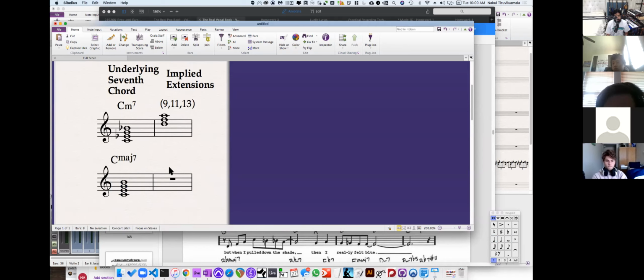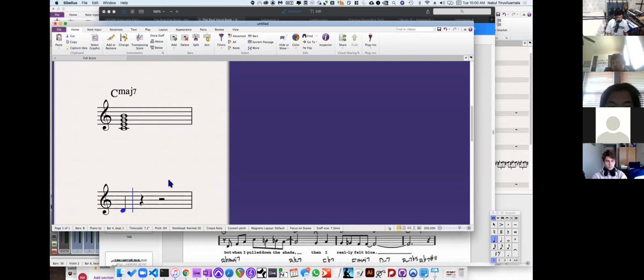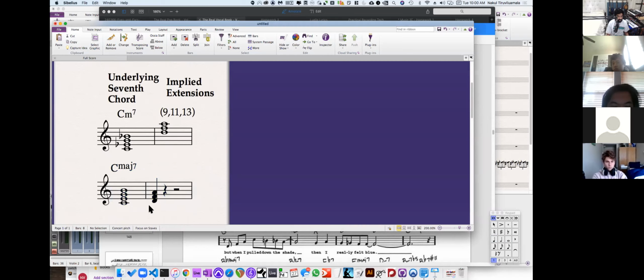Okay. And what I would be able to use for extensions for this chord would be this. Okay. I would be able to use 9, sharp 11, and 13.